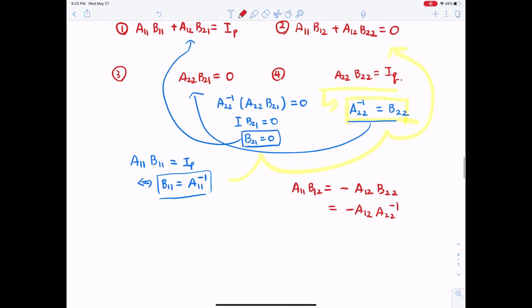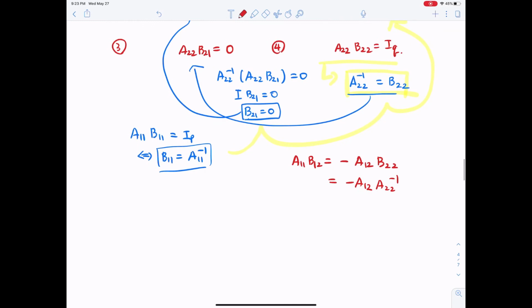Now if you multiply by A11 inverse on both sides, this gives you A11 inverse A11 B12 equals A11 inverse times negative A12 A22 inverse. On the right side this gives negative A11 inverse A12 A22 inverse, and on the left-hand side we get B12. So we solved all blocks of the given matrix B.